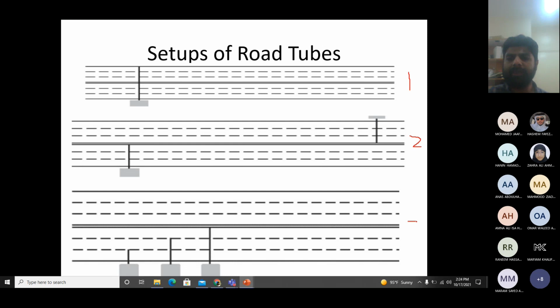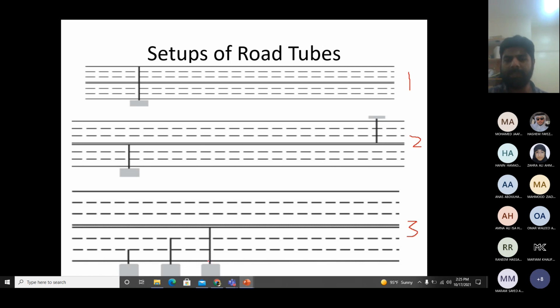Now figure 3 is something interesting because now I'm trying to collect data for each lane. You can see each direction has 3 lanes, and you can see 3 road tubes here as well. But it doesn't mean that each road tube is recording the data for each lane. Why? Because I need to put the sensor on the side of the road, right?